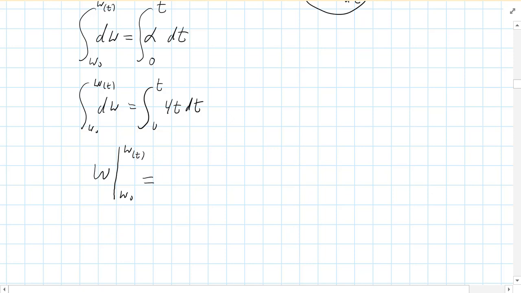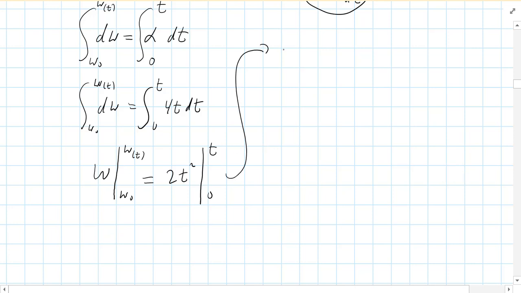On the right side, we're integrating 4t, which gives 2t squared, and we evaluate that from 0 to sometime later, t.